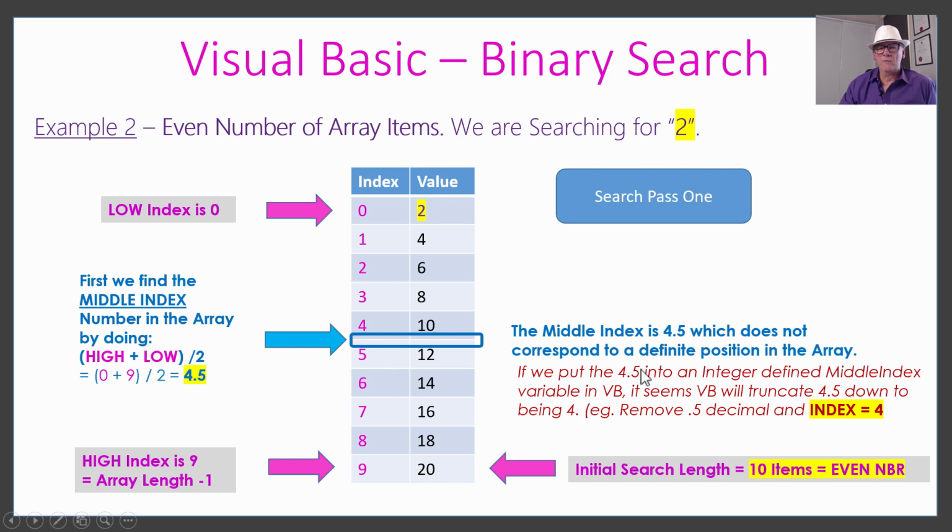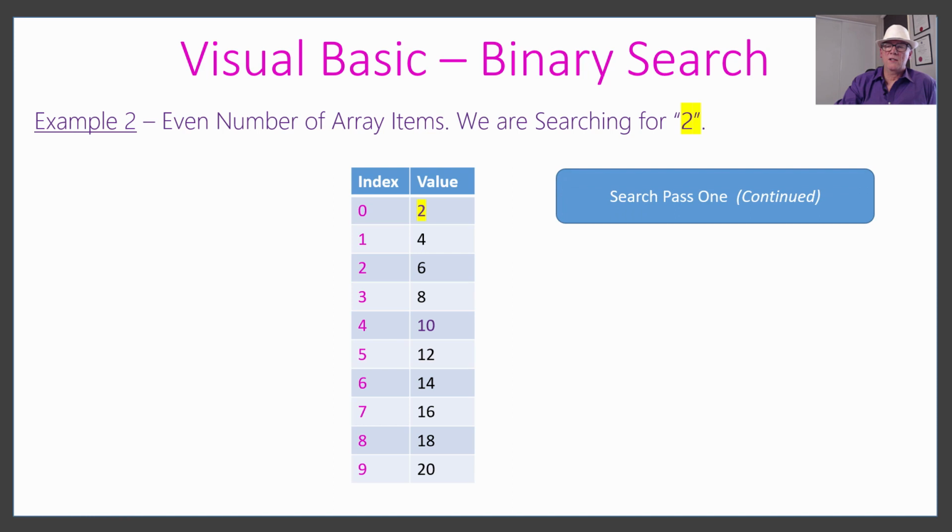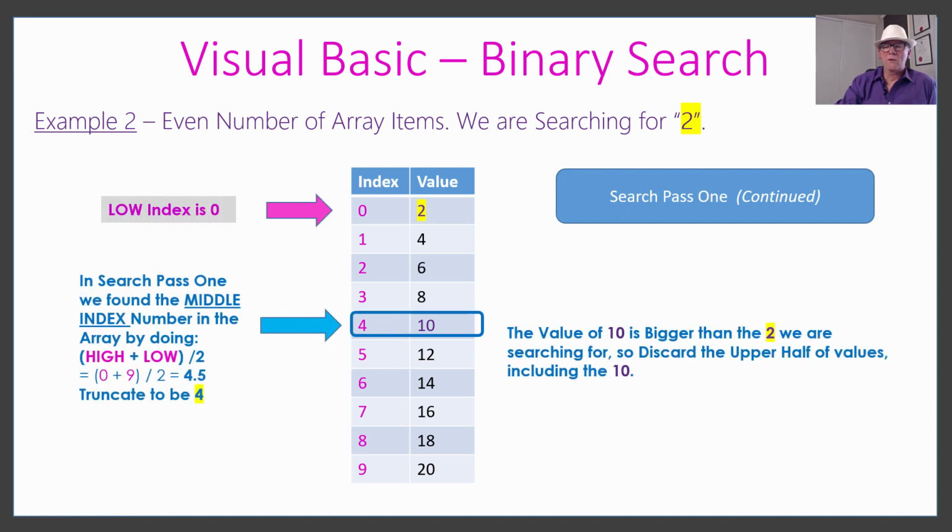We're just going to truncate, take the 0.5 off and get rid of it and have the 4. So we're going to go to position 4, and that's where we're going to be for pass number 2. Okay, so search pass 1, just continuing that. We're going to position 4. So 4.5, we just take the 0.5 off, and we go to 4.